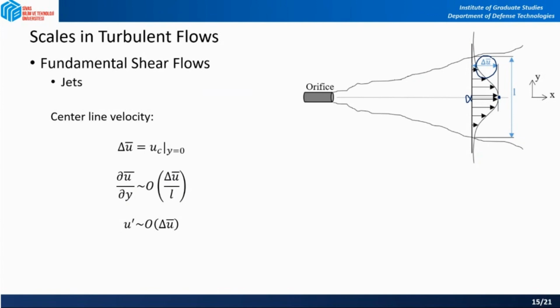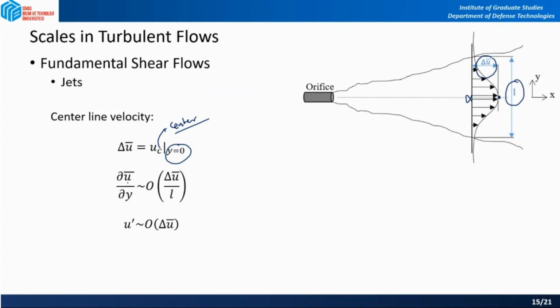Again, the maximum difference in velocity is called delta U bar, and there is more or less a width of the jet that we call L again, and these values characterize the general layout of the jet. Your delta U bar is actually the center line velocity, U_C, where C means center line, which is at y equal to 0.